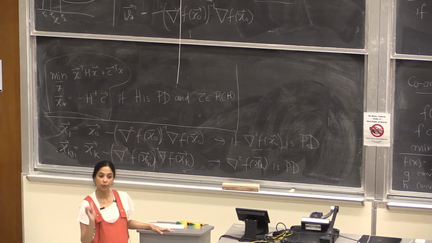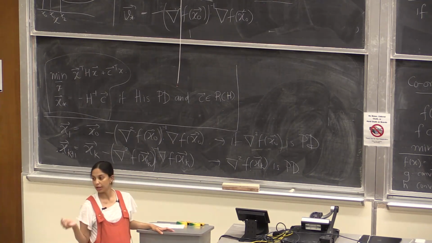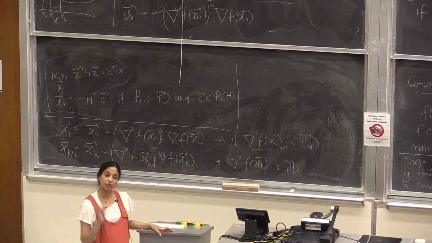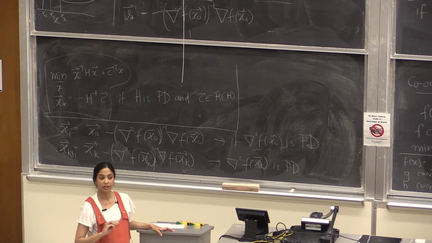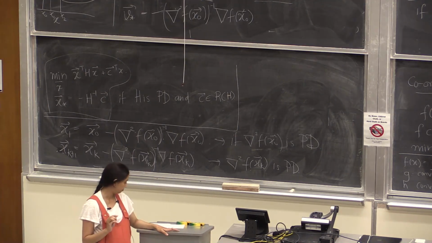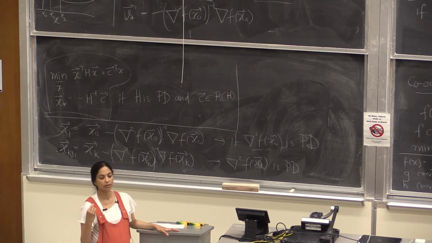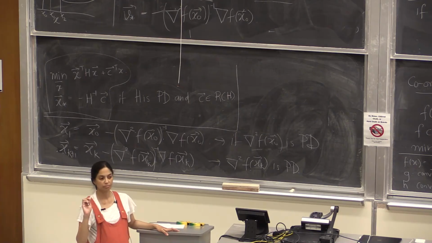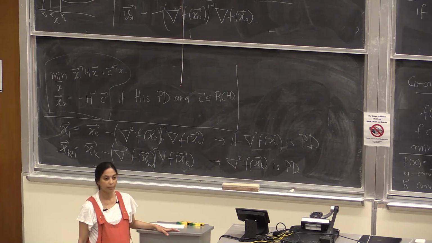Newton's method only works when you have invertible Hessians. If you have singular Hessians, there's a thing called a quasi-Newton method that you can implement where you basically try to avoid the null space and still find a solution. More involved. We're not going to talk about it this time. But Boyd's book has a description if you're interested.